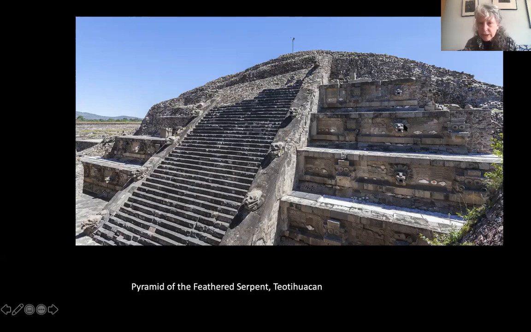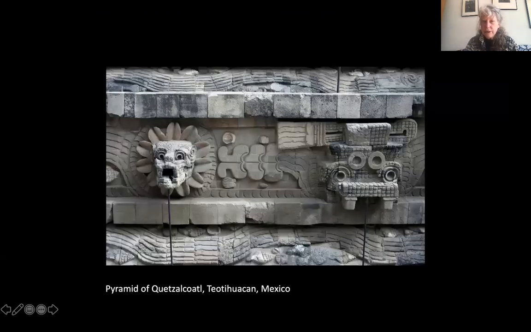So there's 260 of these heads, and there's a place to put a candle, they think, or some kind of light that they would move from head to head to indicate where they were in the ritual calendar. Now, all this is very complicated, and I'm just beginning to understand it.